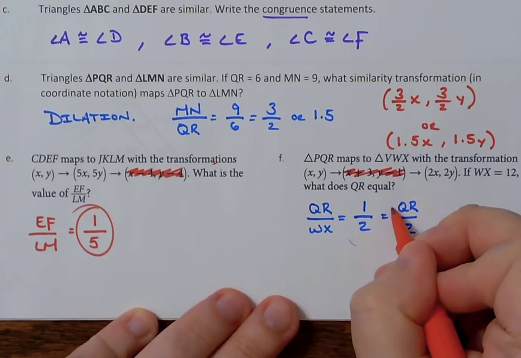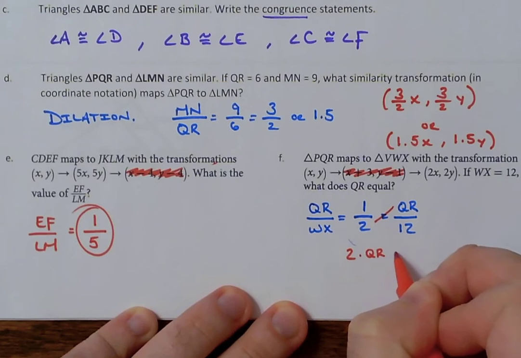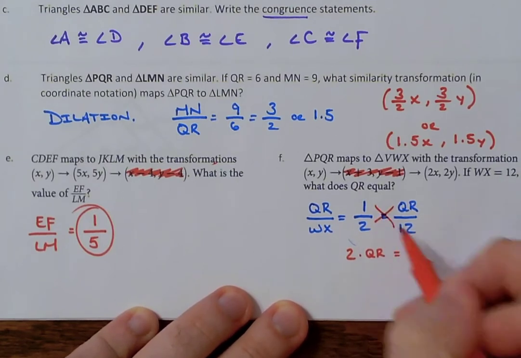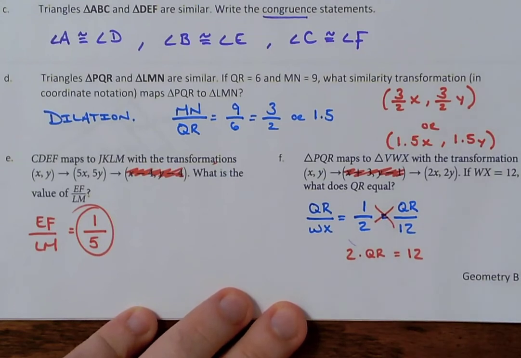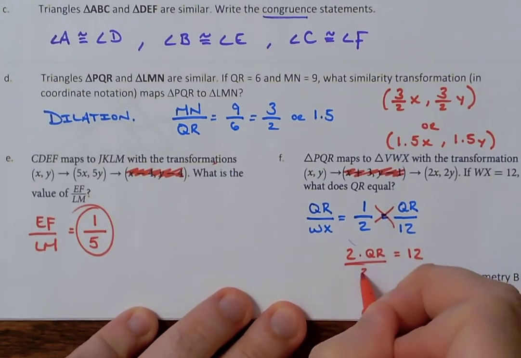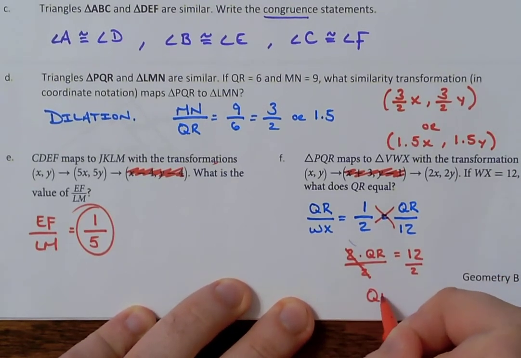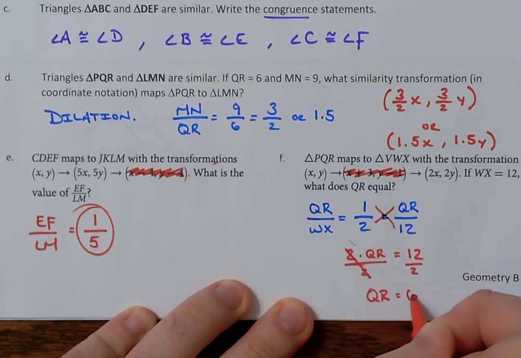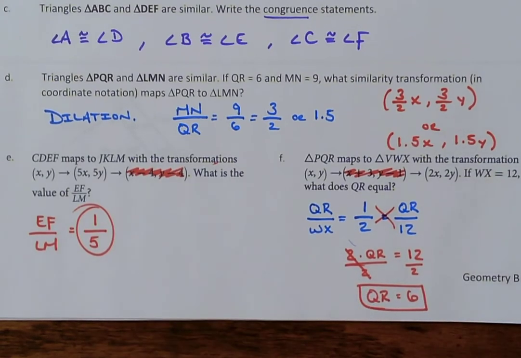So if we cross multiply, we get 2 times QR equals, and then 1 times 12 is 12. And then if we just finish off solving, divide by 2, we find out that QR is 6 units long. And that is how you do part F.